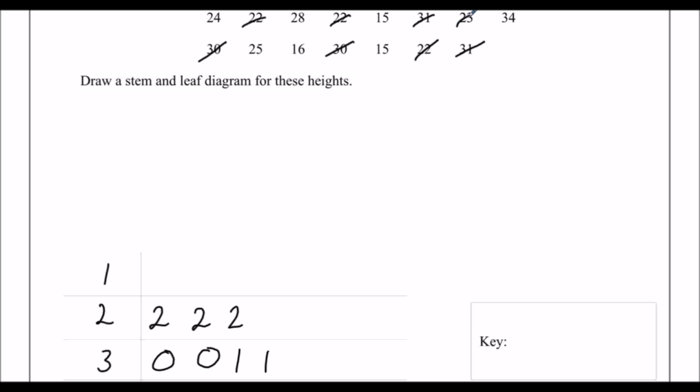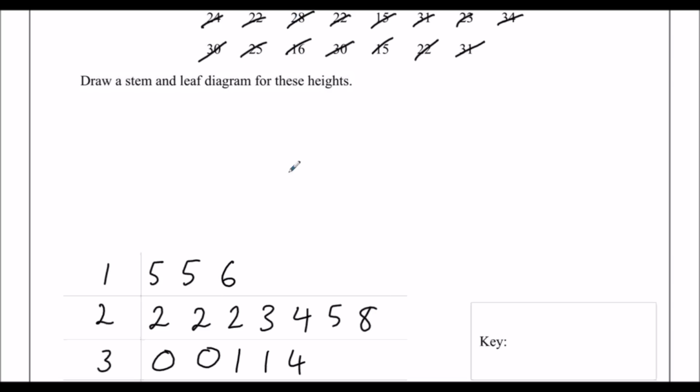No more 2s, 23. For 4s, 24 and 34. 5s, we've got 2 15s and a 25. We have a 16 and a 28.